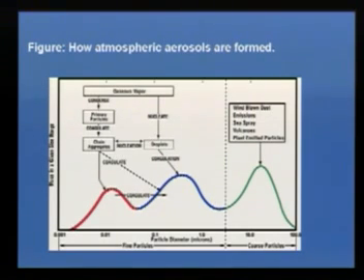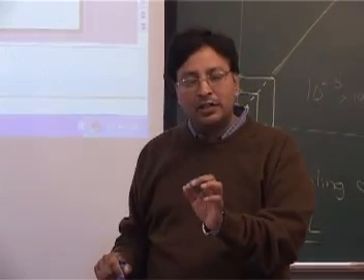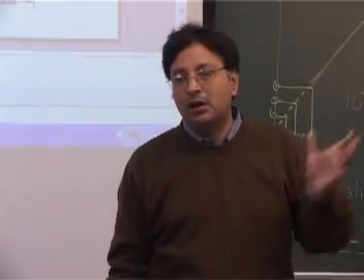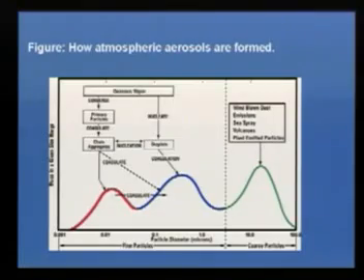But the other thing which happens very quickly is that if you have other particles present in the system, they can act as condensation nuclei, and the vapor can condense on them. As a result, even if it is not supersaturated, you can see droplets being formed. In a cloud, for example, it is not hugely supersaturated, but you have the little seeds in there. As a result, the droplets will be formed, and then they can grow in size. The size will be a little bigger because you already have a parent particle on which it will settle.